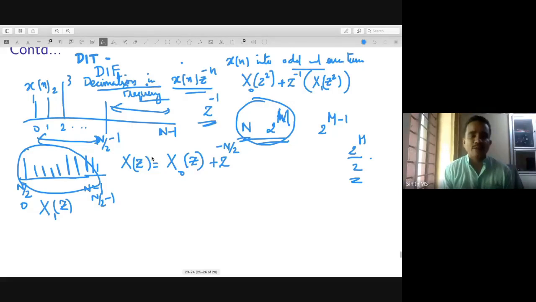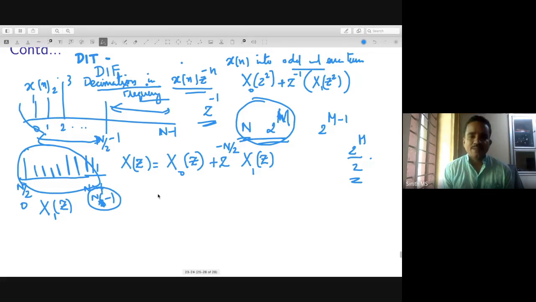But if you shift it by N by 2, these are going to shift by N by 2 values. So if you add these two together, you get X(z), which is the Z transform of the whole signal x of n. Basically, X1(z) is the Z transform of the remaining N by 2 to N minus 1 terms.